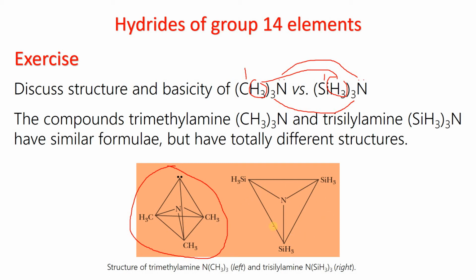In case of trisilylamine, the structure is planar, in fact a triangular planar geometry. So one geometry is pyramidal with the lone pair, but the other is triangular planar. So why is this structure so different when the formula is very similar?